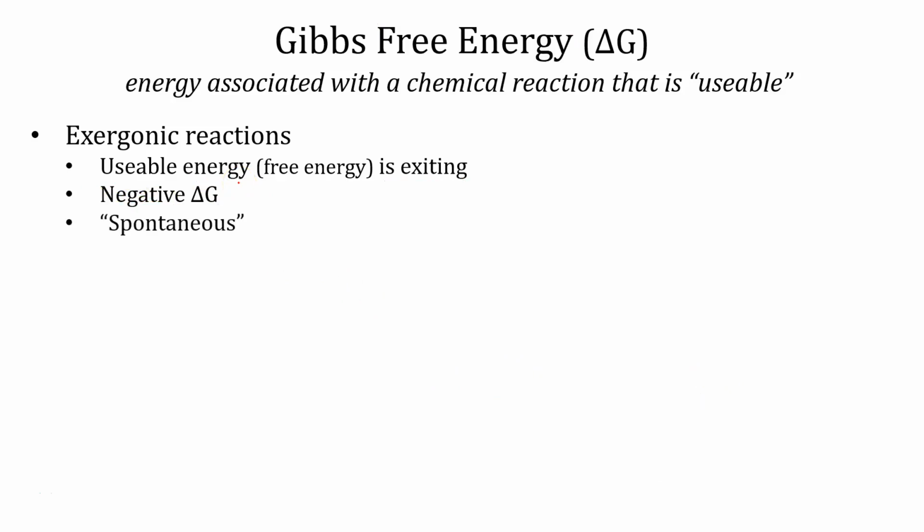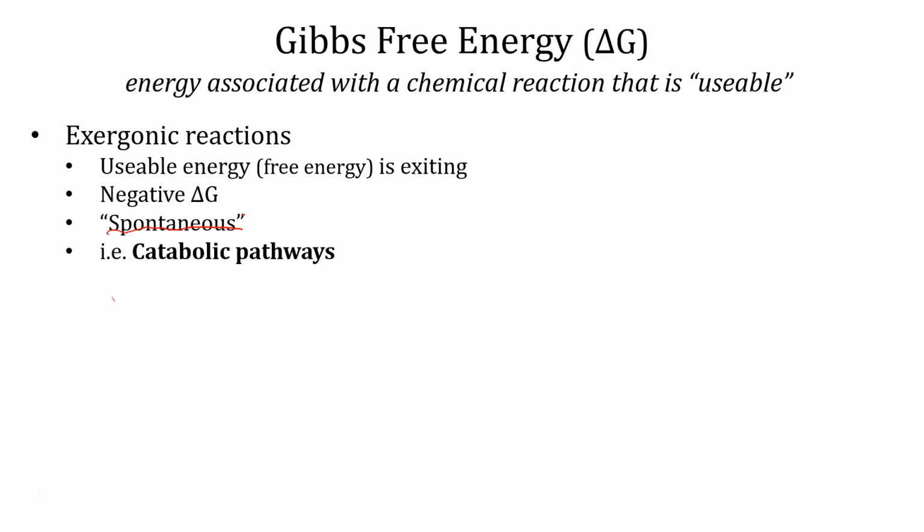Okay, so these are types of reactions that we would say are spontaneous, meaning they can happen on their own. And this is kind of a misnomer. Spontaneous often refers to a really, really fast event. These chemical reactions aren't spontaneous in that sense, but they are spontaneous in the sense that they are reactions that can happen on their own without being forced to happen.